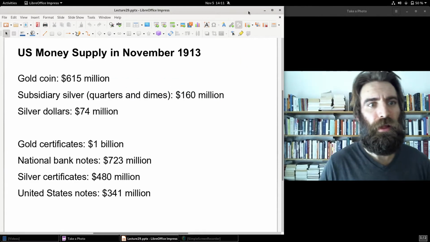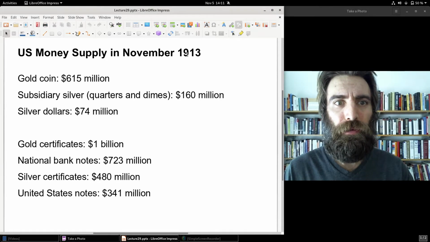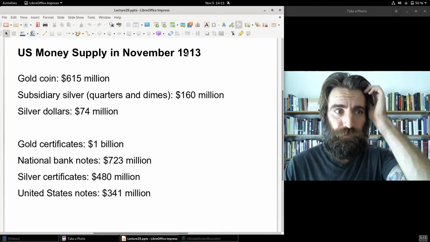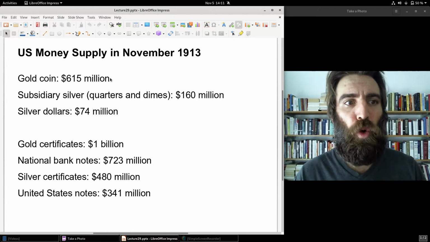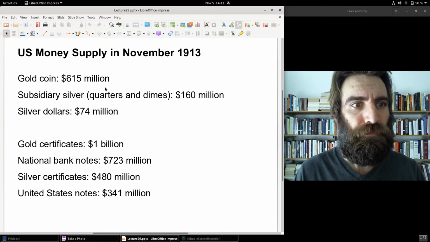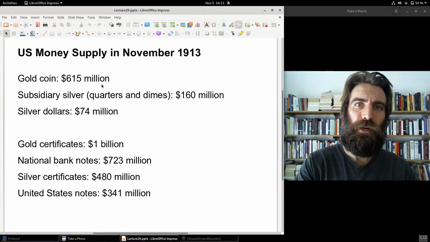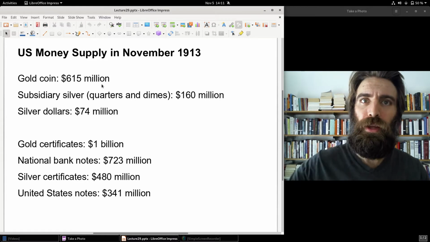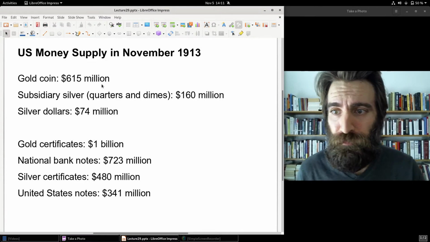This is a look at the money supply in the U.S. in November 1913. About $615 million of gold coin. Remember the Gold Standard Act of 1900 changed the definition of a dollar so that the dollar is only defined in terms of gold, no longer defined in terms of silver.